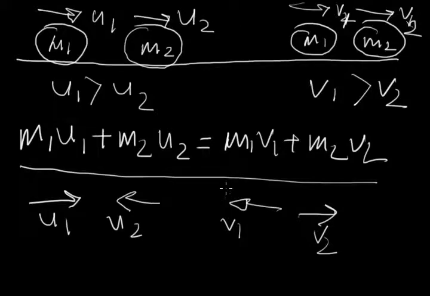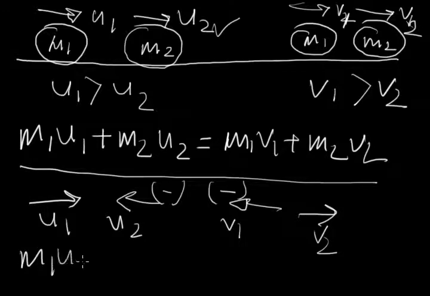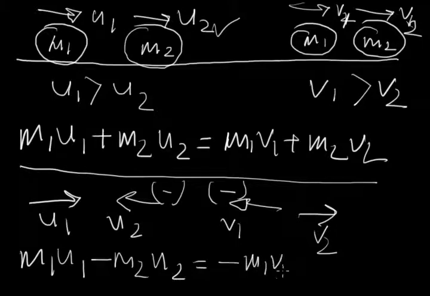So again, this should be put with a minus sign here, as we have put this with a minus sign here, as the direction is not the same as the previous value of u2. So in this particular directional case, we should write the momentum equation as m1 u1 minus m2 u2 is equal to minus m1 v1 plus m2 v2. I hope you got the thing right, that this is how we should put the equations.